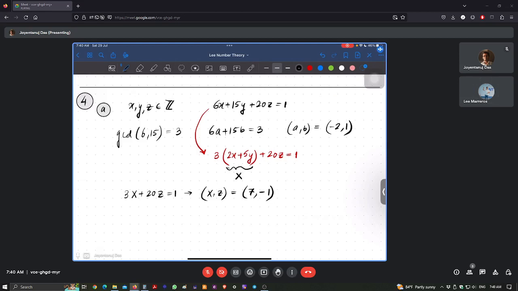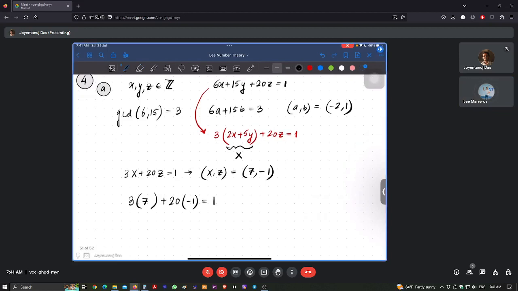Now we have to find the solution for the original one. x is 7 that we got. So 3 times 7 plus 20 times minus 1 equals 1.